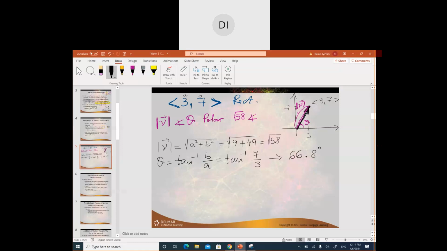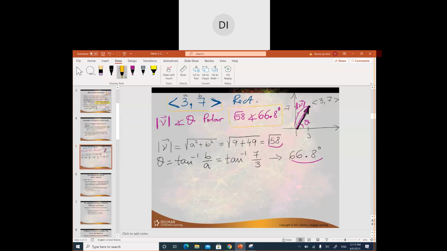So my polar coordinates are going to be the square root of 58, and you're going to put the angle 66.8 degrees. Okay, that's it. So that's the final solution. We found this is my rectangular and this is my polar. They gave me rectangular, and we found the polar.